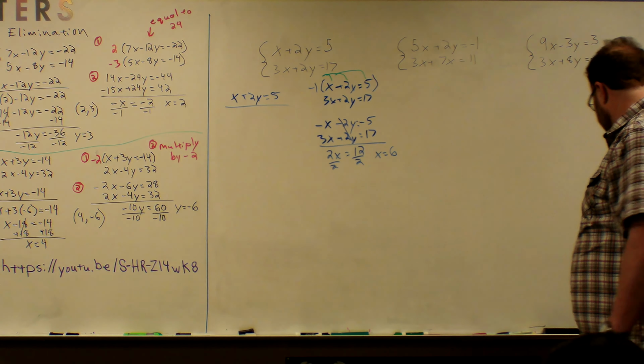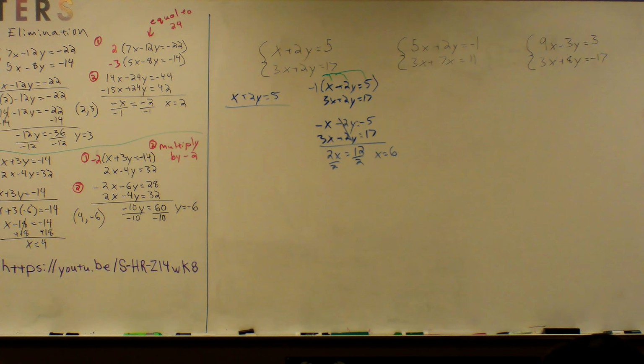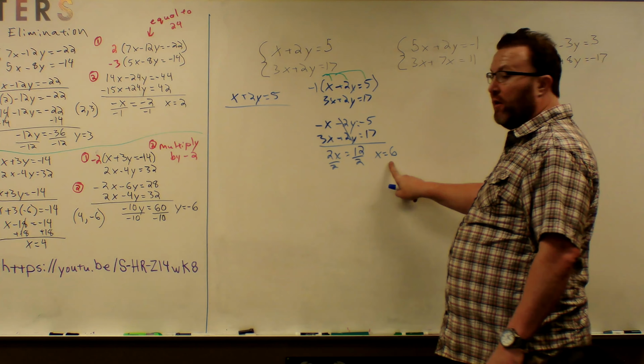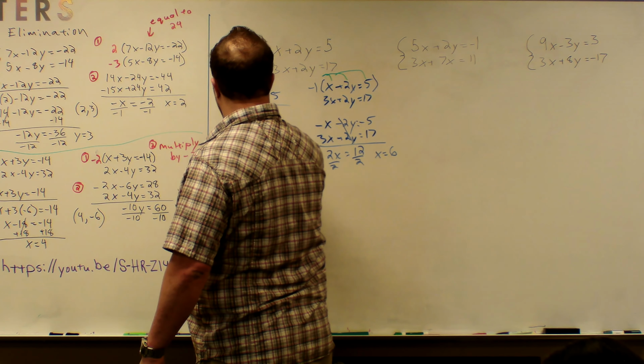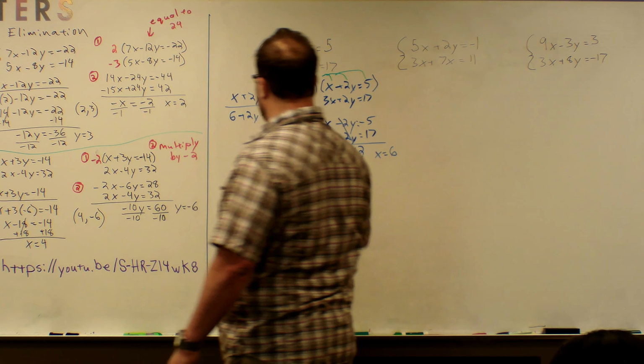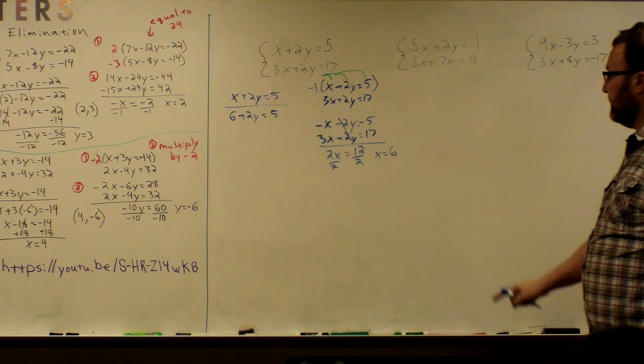Go ahead and do that. Okay, from here, we're going to enter this 6 inside here, okay? So it's going to be 6 plus 2y equals 5. We substituted the 6 in.